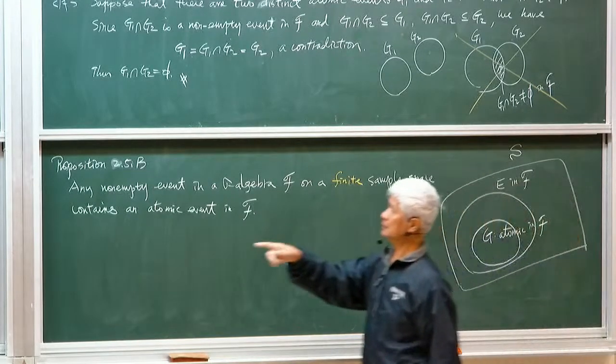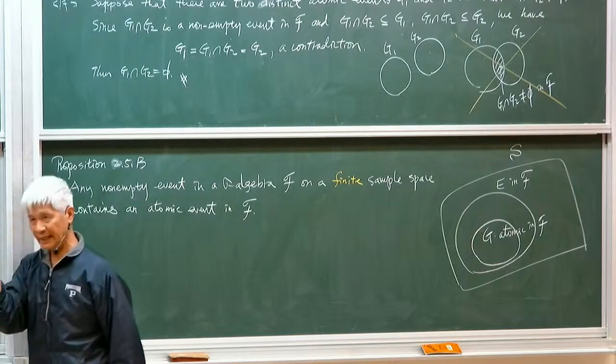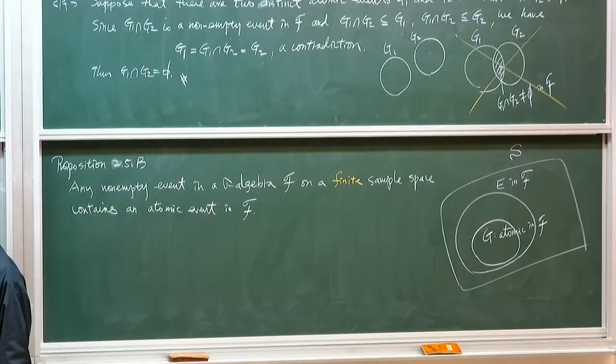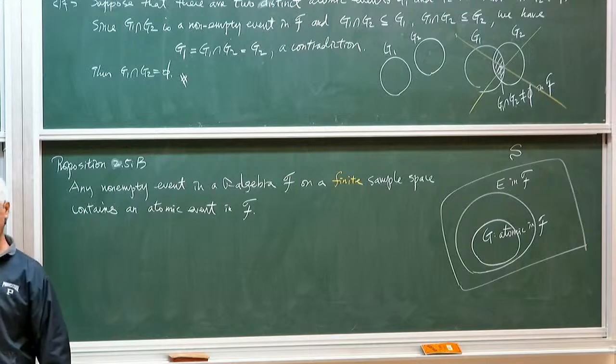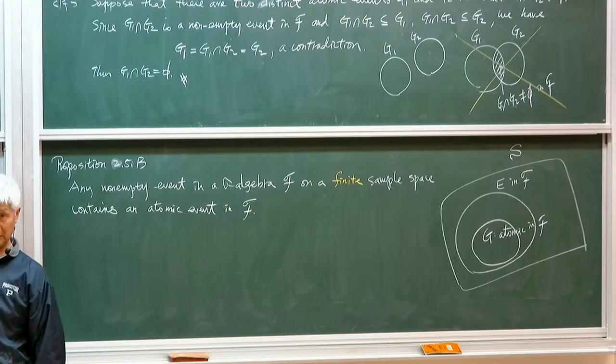This member is atomic in this F, but if F is selected like this one, then this event is not atomic because it's not a singleton. So the same event, but if you consider different sigma algebras, an event may be atomic or not atomic.